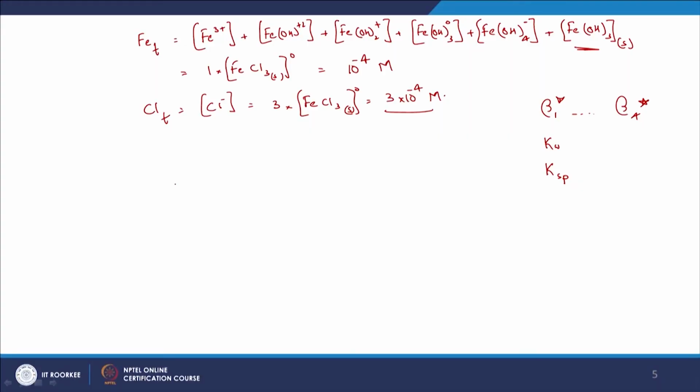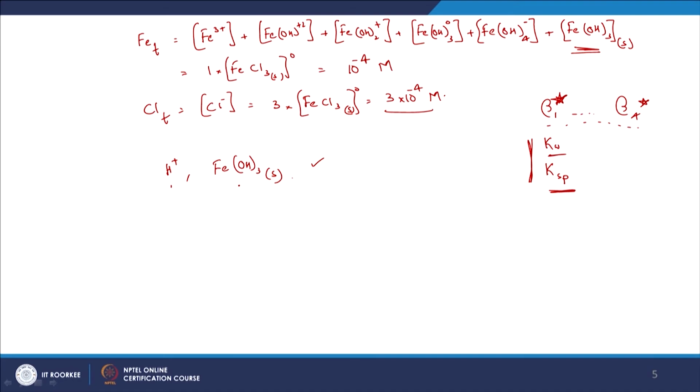What can I do from here, let's say? I can minimize the equations such that I am going to end up with just two equations in H plus and FeOH₃ solid. And what am I going to use to minimize them? I am going to use beta 1 star to beta 4 star and the two equilibrium coefficients, Kw for water dissociation and the solubility product for this particular solid, and come up with two equations and two unknowns and solve for them.